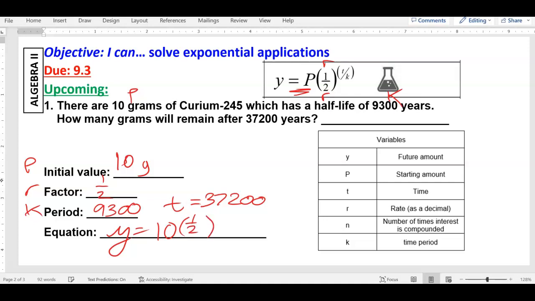To the power of T over K. The time is 37,200 over the period, which is 9,300. Right. Okay, there we go. I know it's kind of ugly looking, but that is our half-life formula.